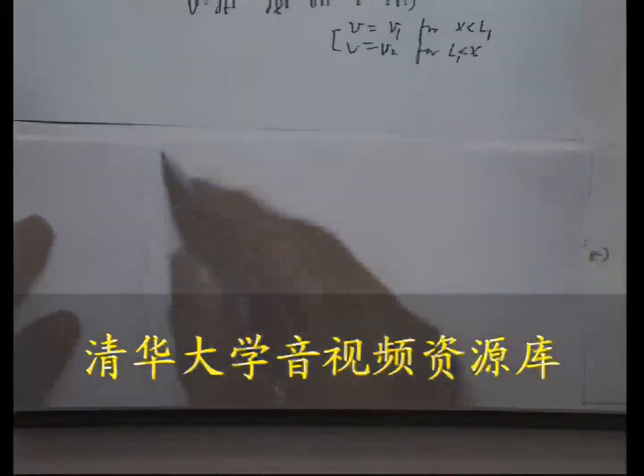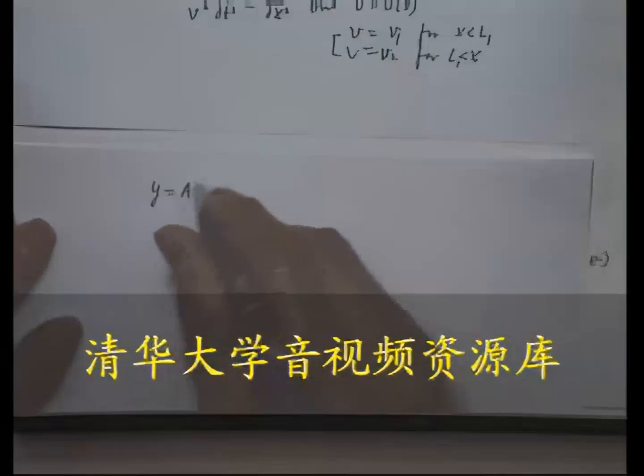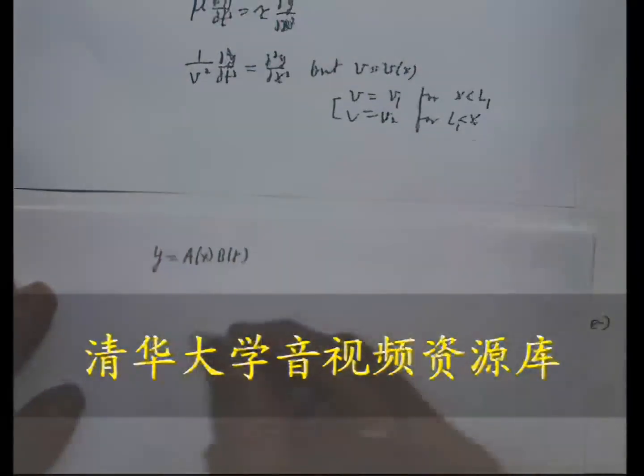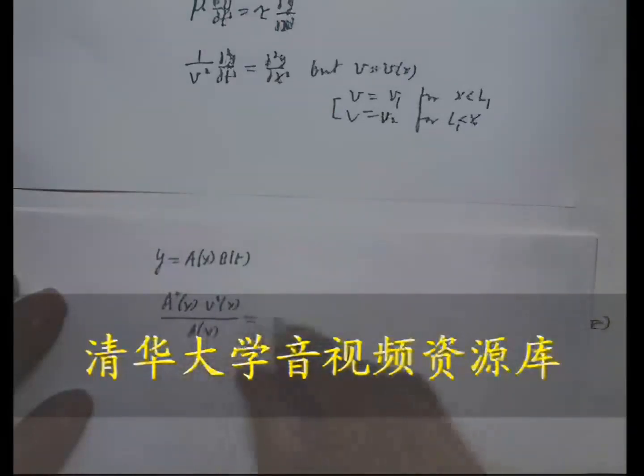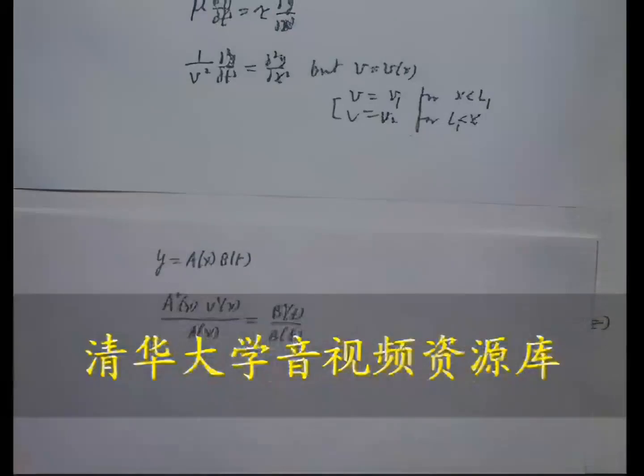So we still do the same thing. We write y is equal to A of x, B of t. And we still have the same equation, which is A double prime of x v squared of x divided by A of x is equal to B double dot divided by B of t. This is the same as before. The only thing is that v now depends on x. Again, the left side does not depend on t, so the whole thing doesn't depend on t.